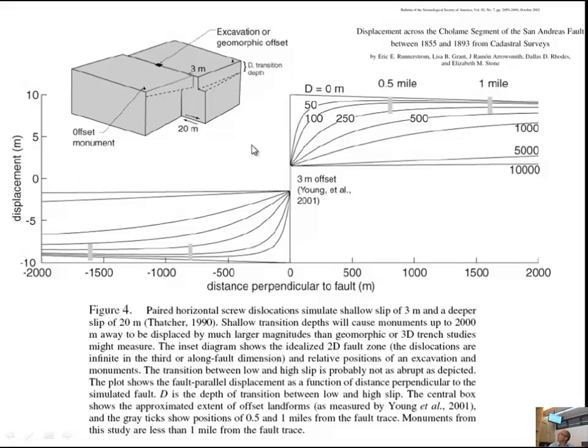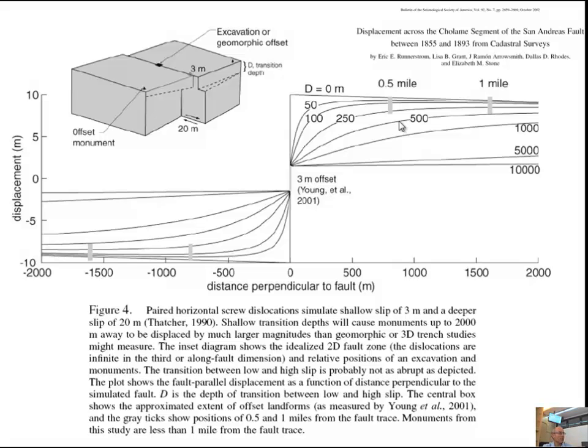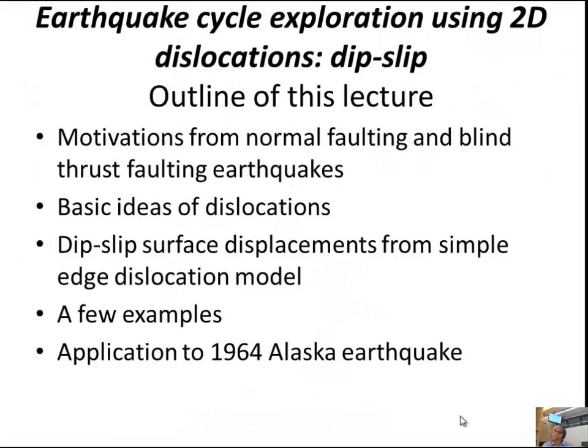And so this approach, which is just using these dislocations, let me kind of explore that transition. So this is a more complicated case where it's not uniform over the fault surface, but same style of study. So that's my example of 2D dislocations for strike slip.